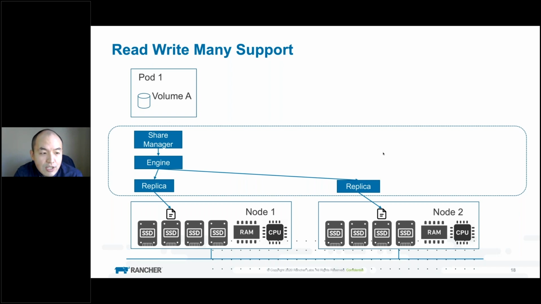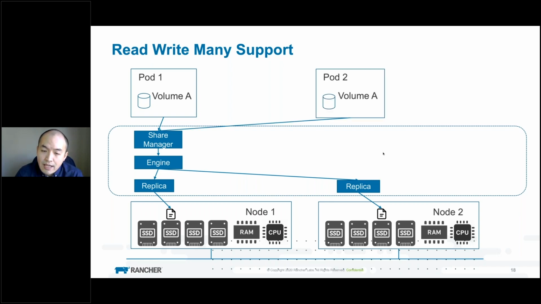The share manager is essentially an NFS server based on this block device provided by Longhorn. And the share manager is going to expose this NFS mount to volume A. So when there's another request coming that still wants to share volume A, but on a different node, that request is going to get a response from this share manager.